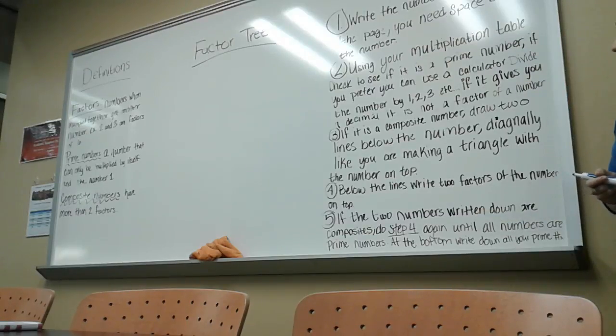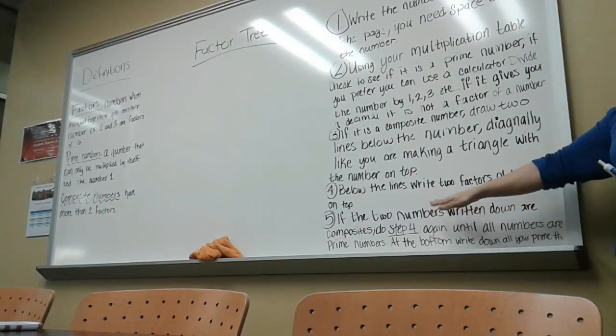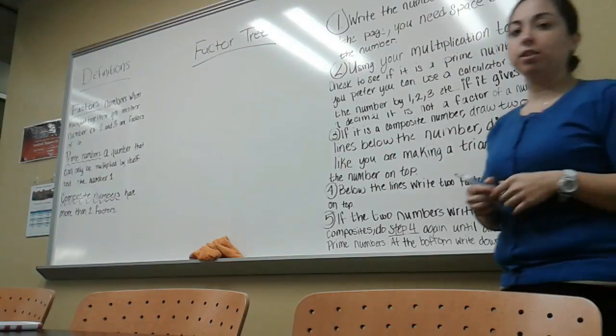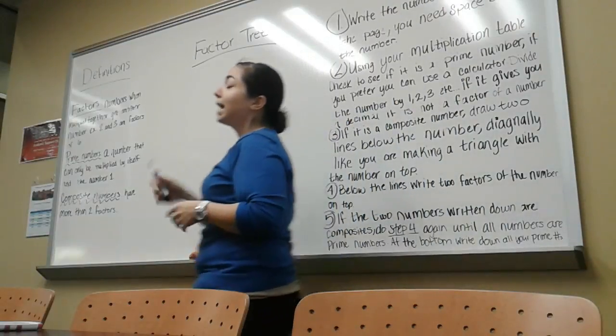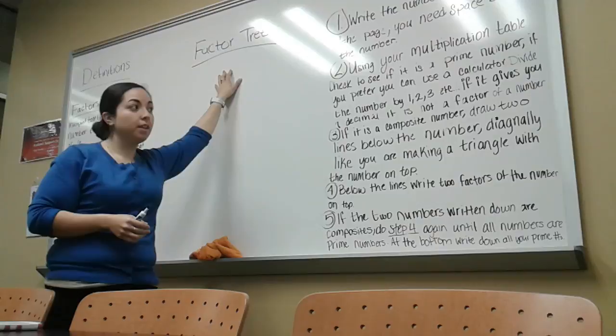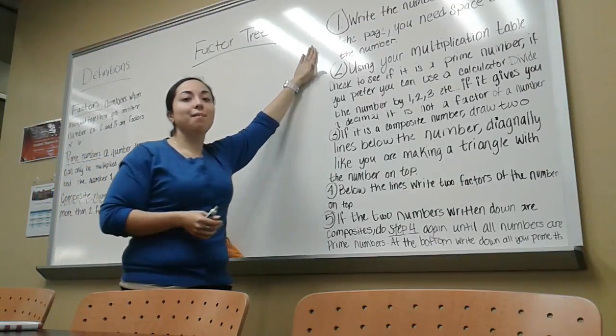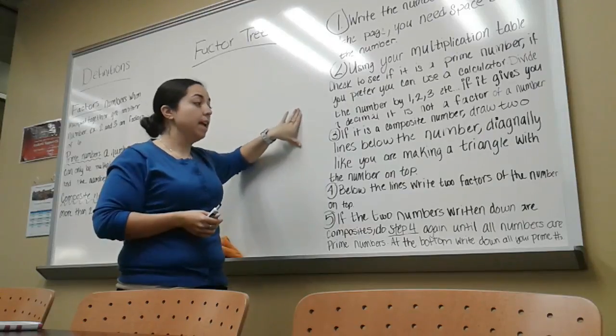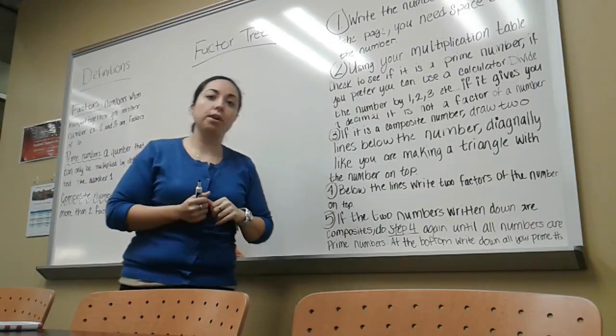Step number 5, if the 2 numbers written down are composites, we have to do step 4 again until all numbers are prime numbers. At the bottom, we write down all the prime numbers. So the factor tree, we're trying to get all the factors that we can from a certain number. So it is very important we write down the math steps, okay? I'm going to give you a couple of minutes to go ahead and write down these steps, and we're going to show you how these are going to work, okay?